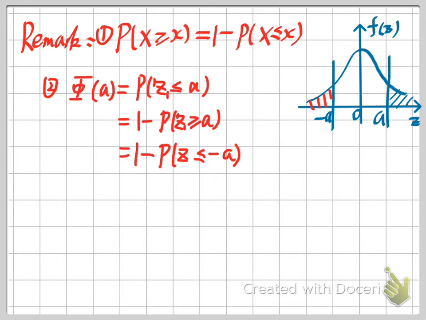This is one important equation, and how we get the third equation. Also by the axiom of probability, this is equal to the probability that capital Z is greater or equal to negative a.